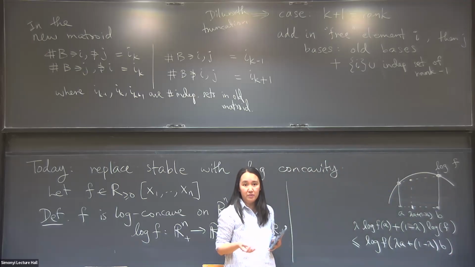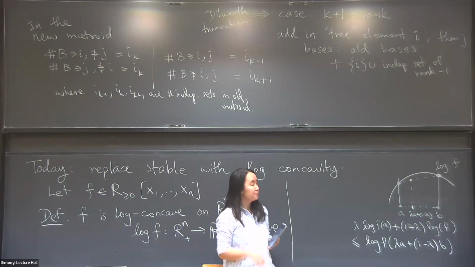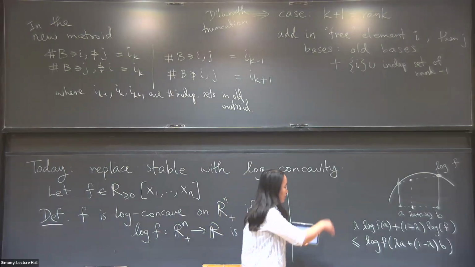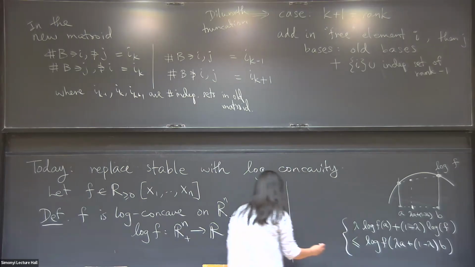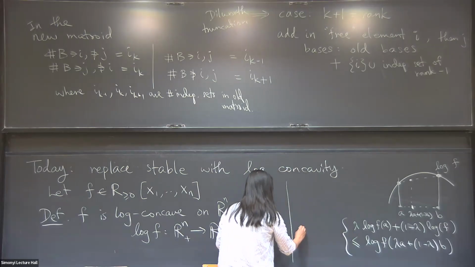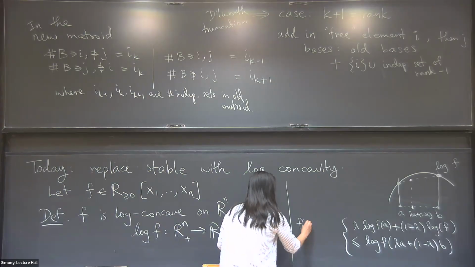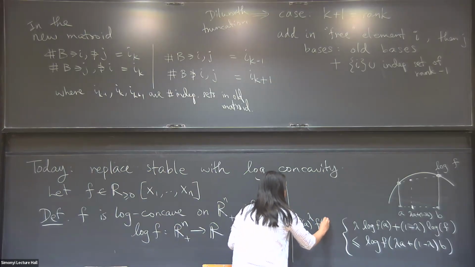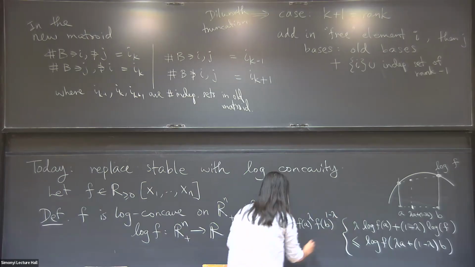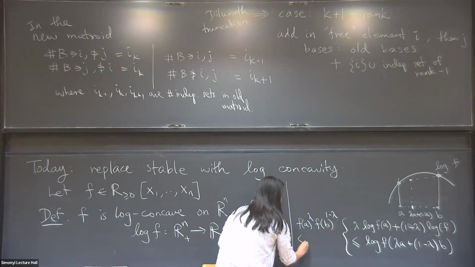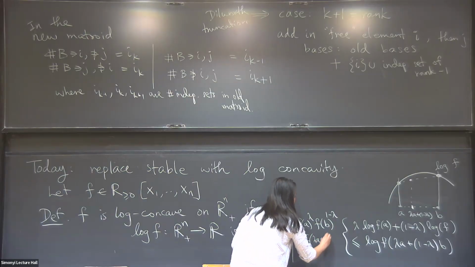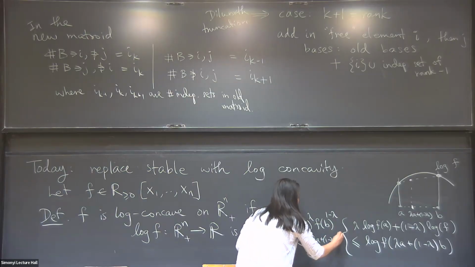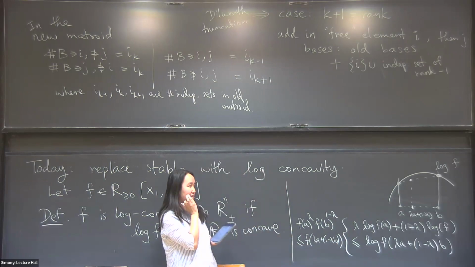This is what concavity means for every 2 points A and B in R^n plus. Then we can exponentiate it, and write this as f of A to the lambda times f of B to the (1 minus lambda) is less than or equal to f of (lambda A plus (1 minus lambda) B). So this is from the definition.